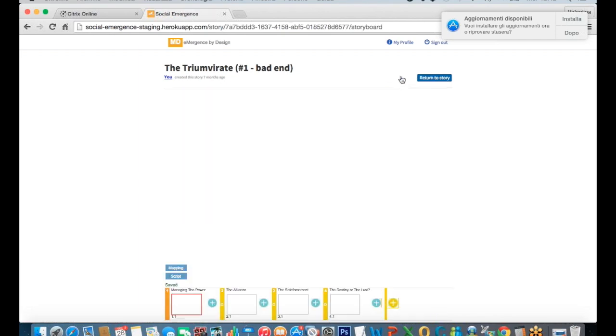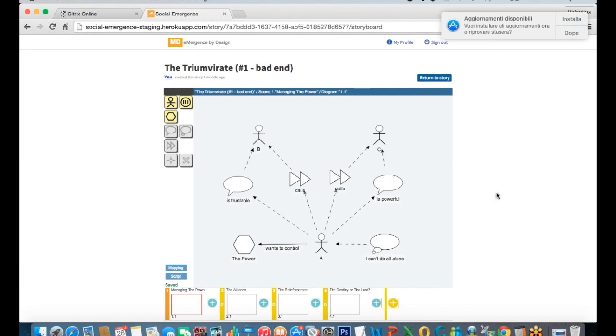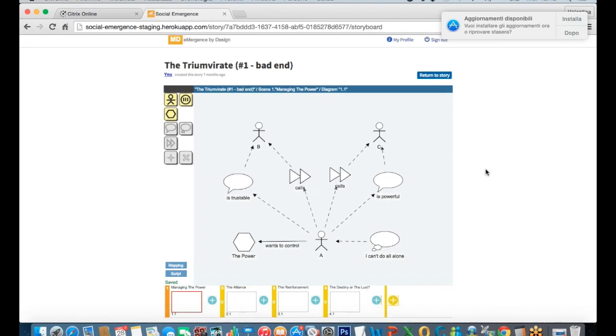And we tried to see if such a narrative structure was actually corresponding to some of the people that were the key agents in the Green Communities project. So this is the pattern of the triumvirate, the narrative structure of the triumvirate.